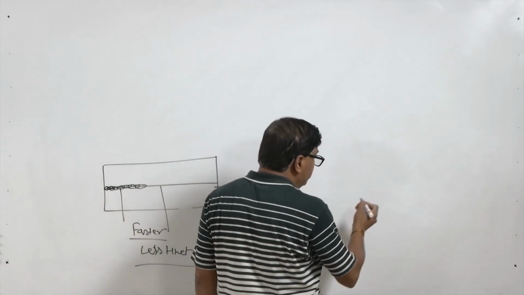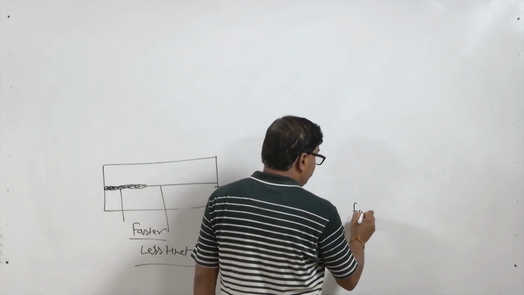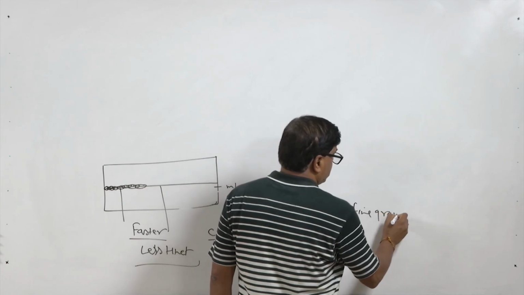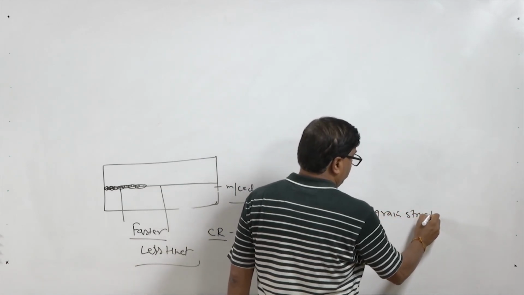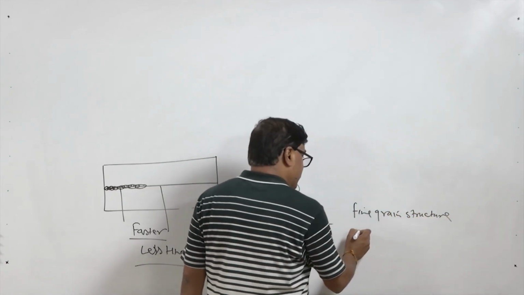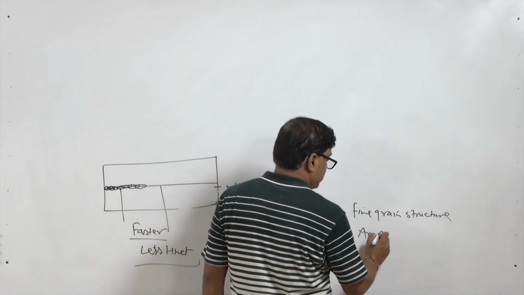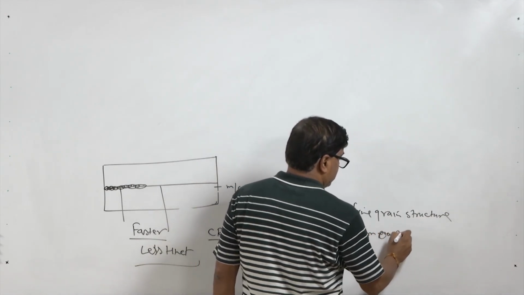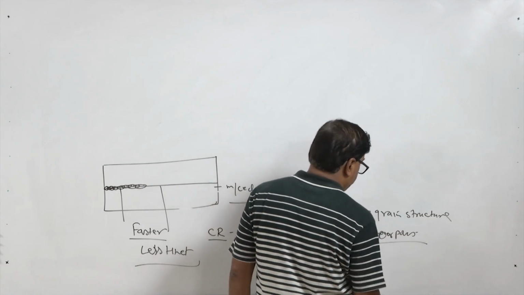Favorable things: a high cooling rate results in a very fine grain structure, which is good from the mechanical properties point of view, and sometimes even amorphous structures are obtained.